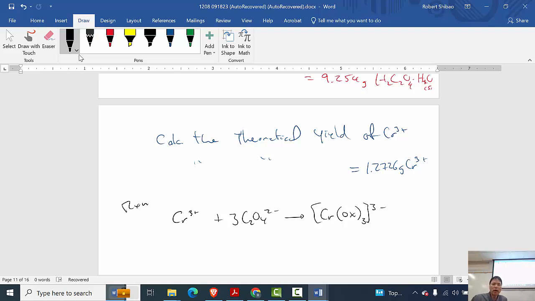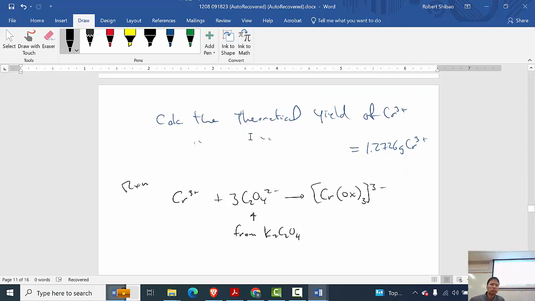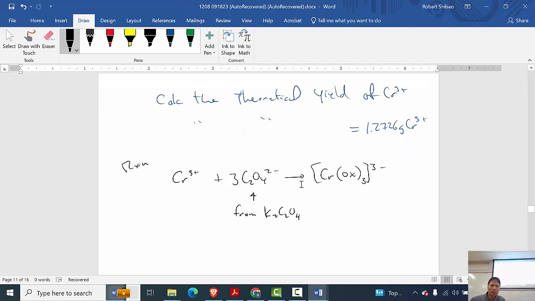So where are we getting the oxalate from? This is from potassium oxalate. Now, was it anhydrous potassium oxalate or was it a hydrate that we use? Anhydrous. So let's calculate how many grams of potassium oxalate were required for this.